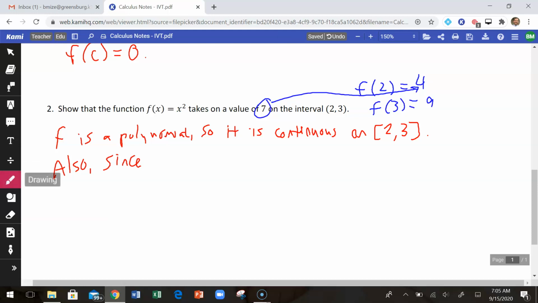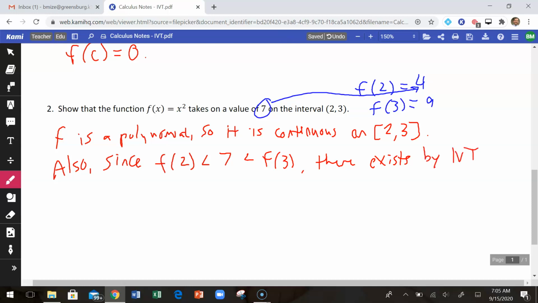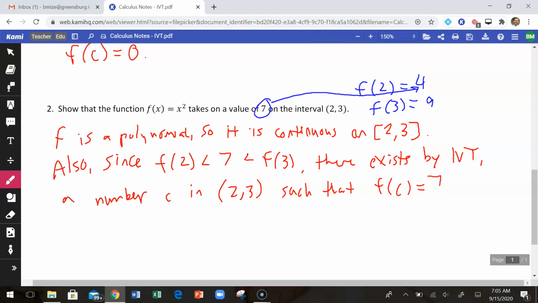So also, since f of 2 is less than 7, which is less than f of 3, there exists, and I didn't put this last time, I'll put this time, there exists by the IVT a number c in the open interval from 2 to 3 such that f of c is equal to 7.